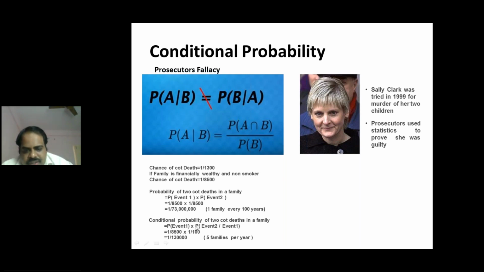But if the second child also dies, that is again an event of conditional probability, which was not considered earlier: event 2 happening if event 1 has already happened. So the probability here actually changes. It becomes 1 upon 100. And then the overall probability calculation will show that 5 families suffer this kind of problem every year in the UK.